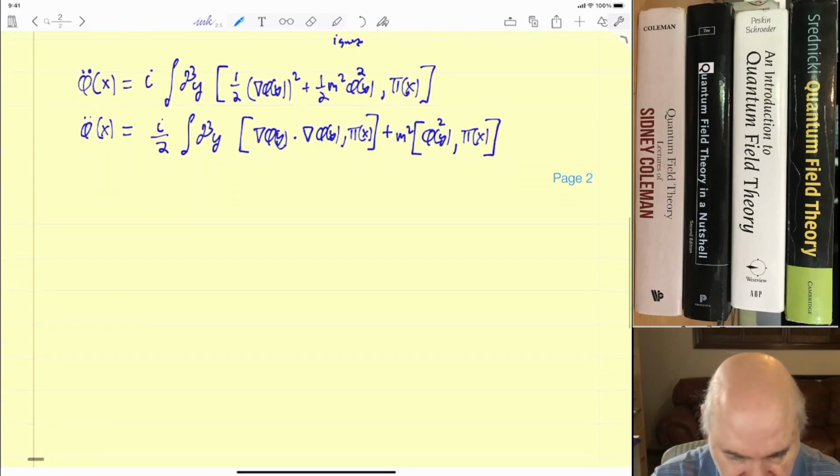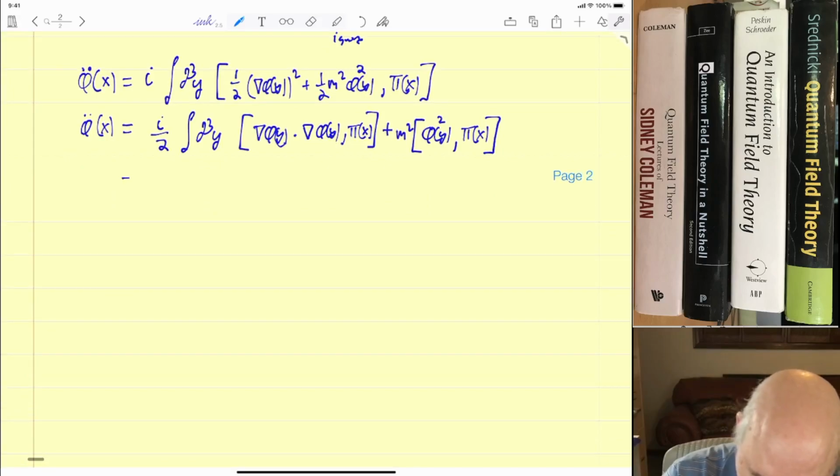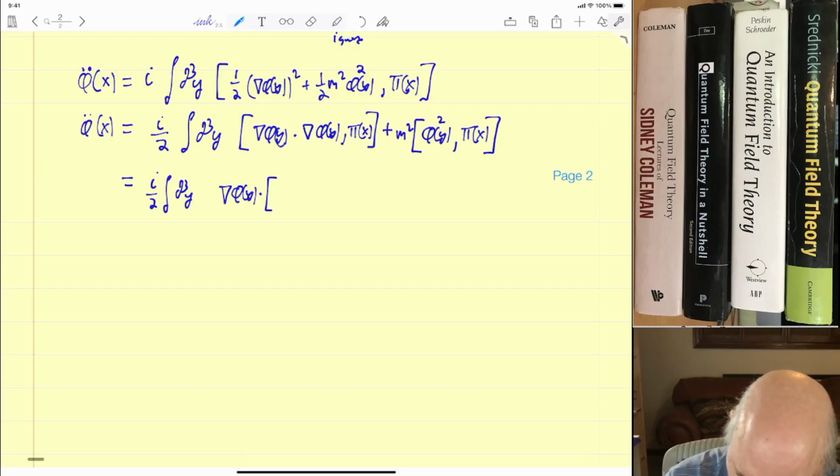Okay. And this is equal to, using our Leibniz rule again, we can, it's really like three terms here, but we're using vector notation.